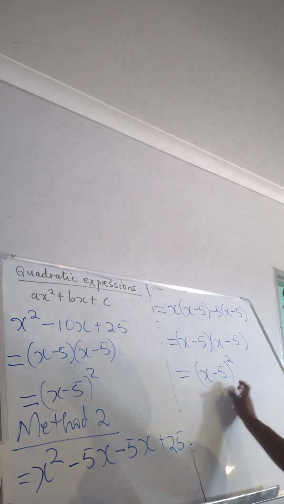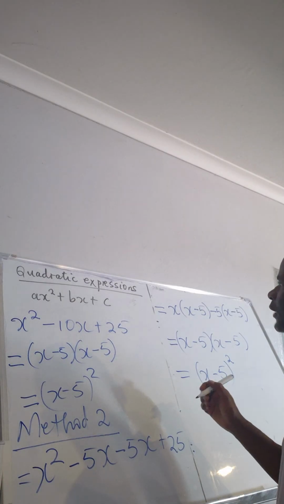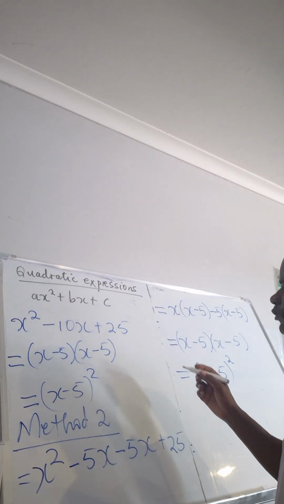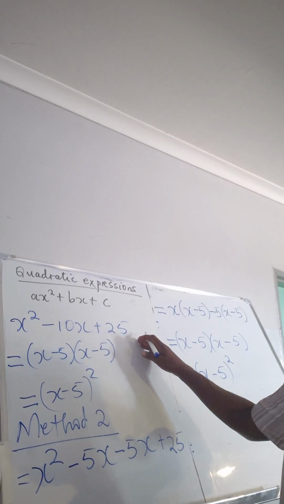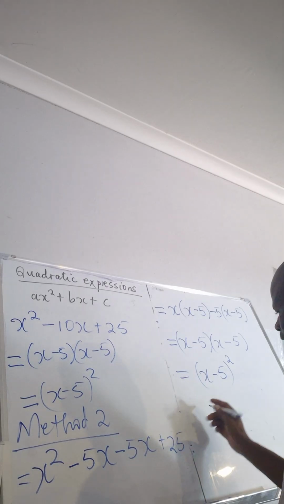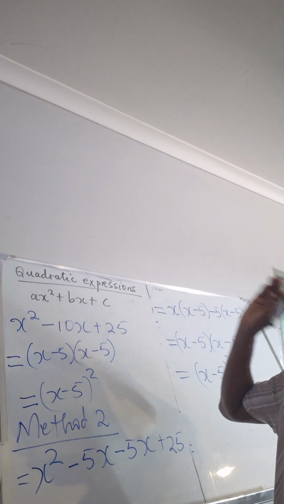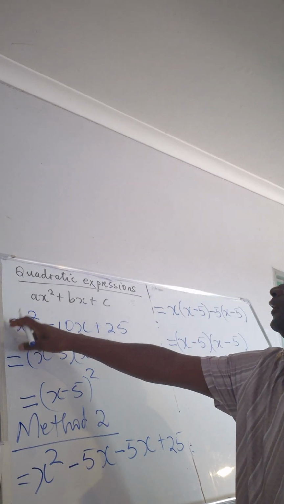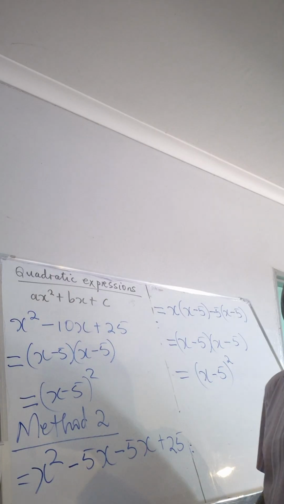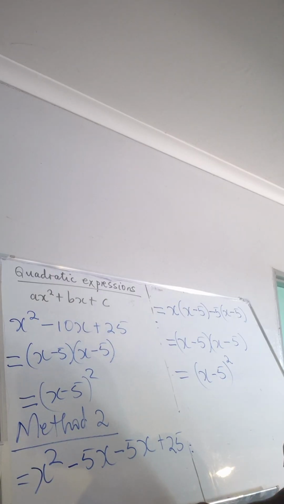Right, this is factorization of quadratic expressions or factorization of trinomials. So the next time we are going to look at factorization of quadratic expressions where a is greater than 1.